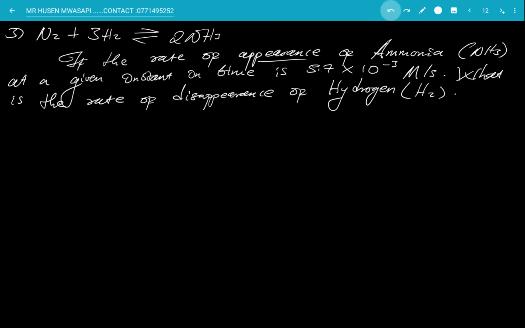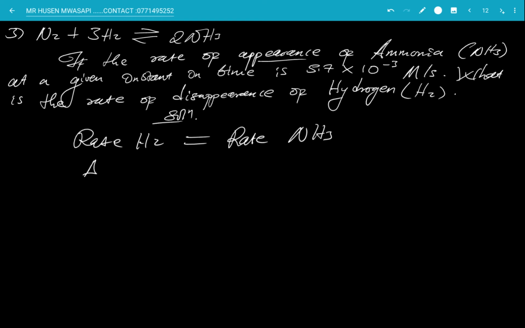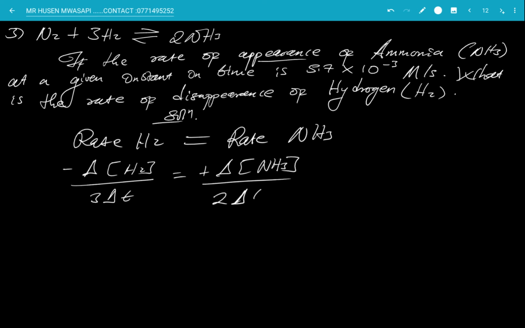So the rate of hydrogen, which is H2, is related with the rate of ammonia, which is NH3. So the rate of hydrogen will be the negative change in the concentration of H2 over 3 change in time, which is equivalent to the positive change in the concentration of NH3 over 2 change in time.